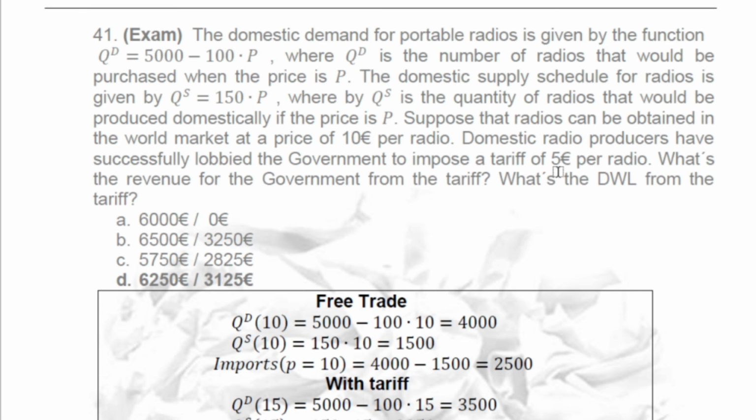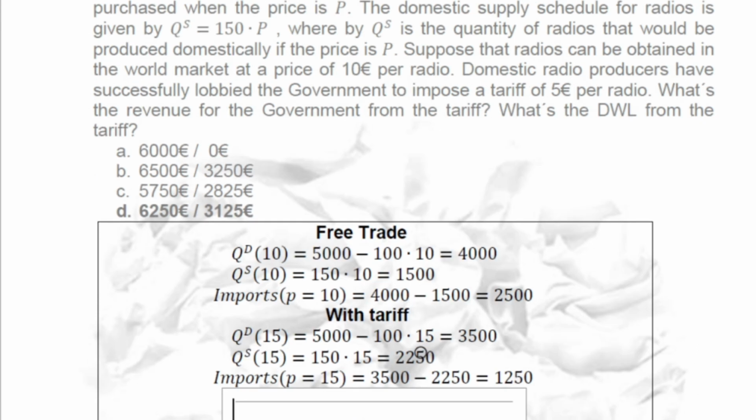With the tariff of 5, the price is 15, so the demand falls to 3,500, the supply increases to 2,250, so the imports are 1,250. We subtract 3,500 minus 2,250. So these are current imports with the tariff.